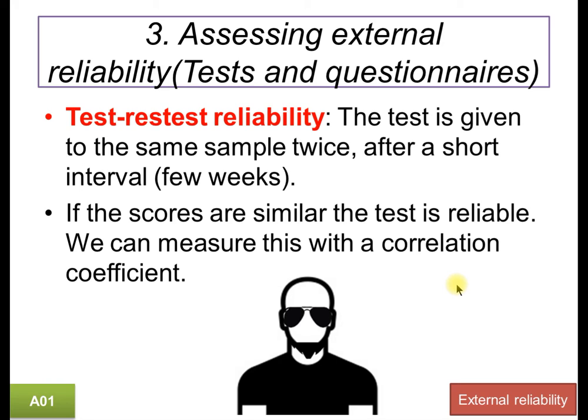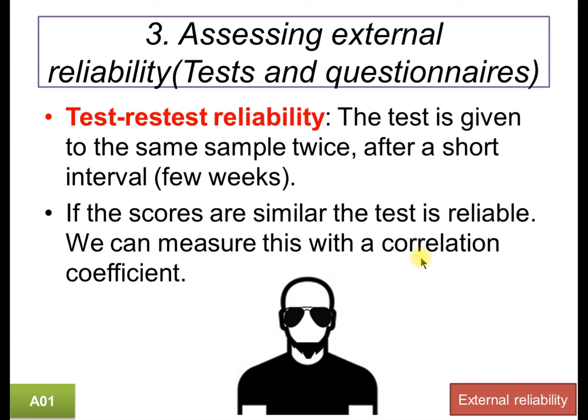So, one of the things we can do in a self-report, tests and questionnaires for example, is test-retest reliability. This is when the test is given to the same sample twice, usually after an interval so they've forgotten what the bulk of it is. If the scores are similar, the test is reliable. We can measure this with a correlation coefficient, so it's like having 2 data sets again, and we just see if they're correlated. The stronger the correlation, the more reliable our test is, or questionnaire.